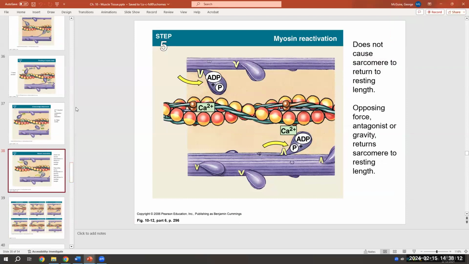And so again, at what point does the calcium detach from the troponin? That's a good question. I'm trying to think of what would cause that. I don't know the direct answers to that question of how calcium lets go, or how troponin lets go of the calcium, rather.